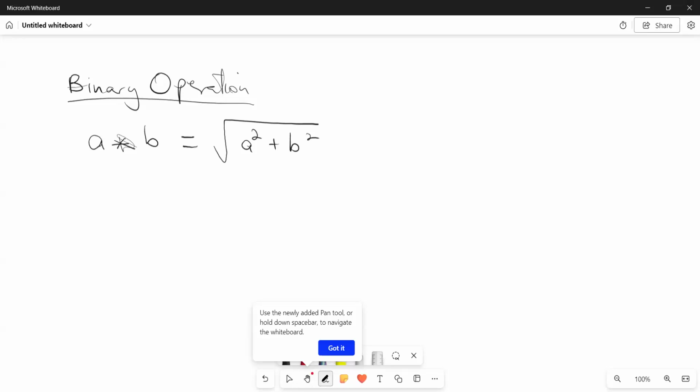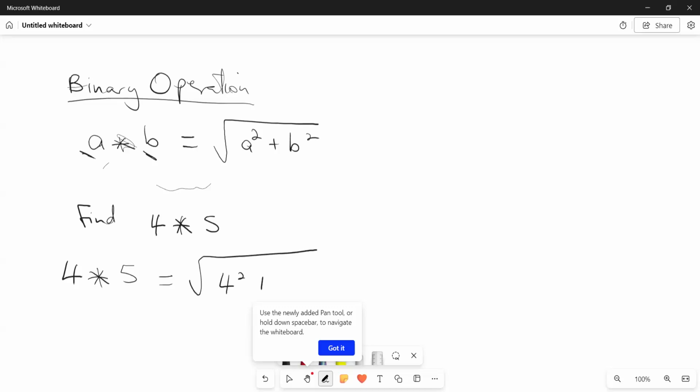Whatever A is and whatever B is, you substitute them where A and B are here and calculate the value. So if you were asked to find 4 asterisk 5, 4 asterisk 5 would be equal to the square root of 4 squared plus 5 squared.